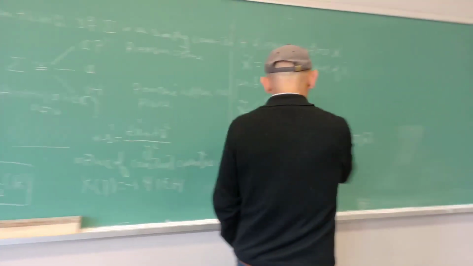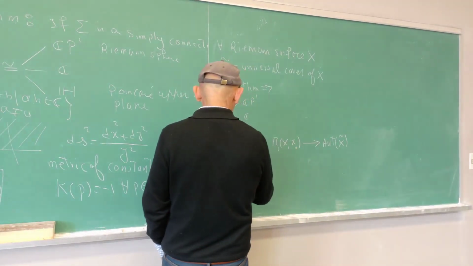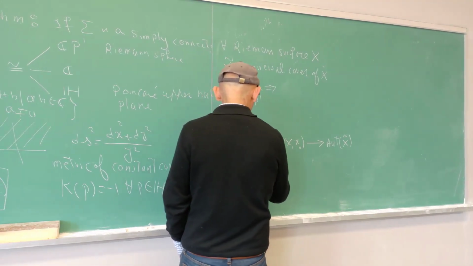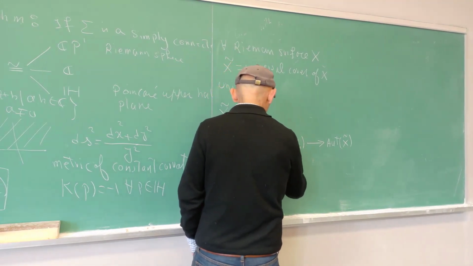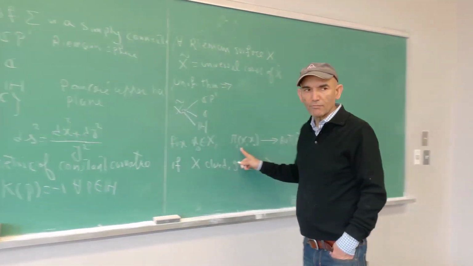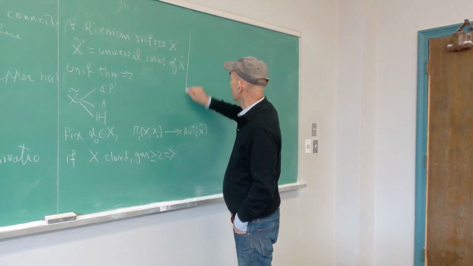Okay, now if X is closed, genus bigger than or equal to 2, then we know what pi 1 of X, x0 is. So let me write pi 1 of X, x0 in general.